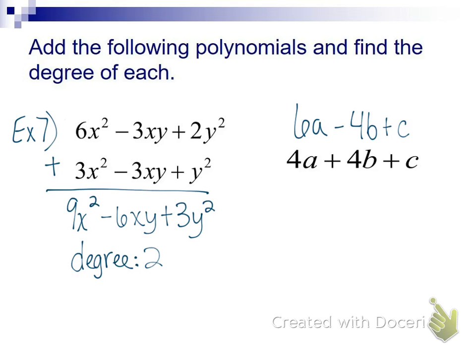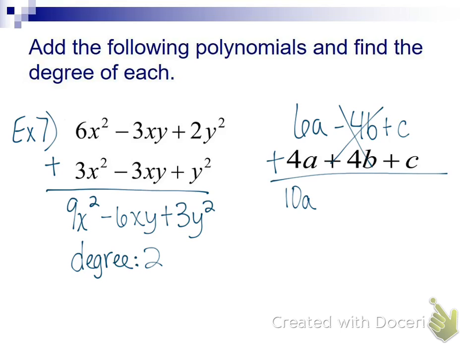All right, on the next one, again, they set up our columns for us pretty nicely. If we add 6a plus 4a, what do we get? 10a. If we add negative 4b plus 4b, 0. They cancel out. So you could just cross them off.